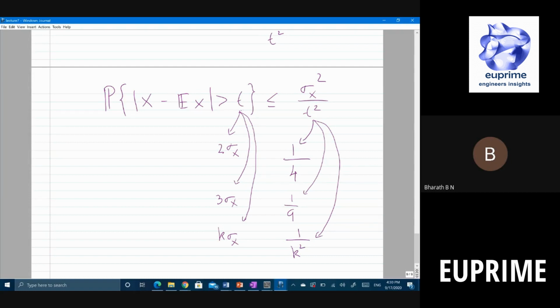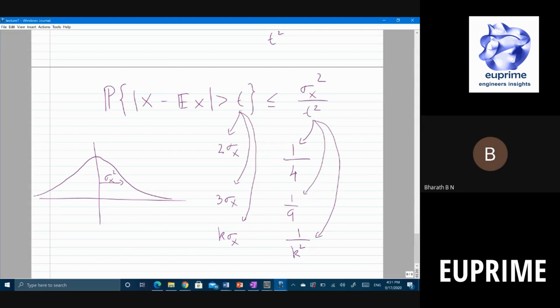Okay, that means the chances of my sample deviating from the mean goes down significantly as you move away from the mean. So that gives you a measure of spread, right? This holds for every distribution, irrespective of everything. It doesn't matter. That's why we assume variance to be finite and the mean to be finite. If the variance itself is infinity, this does not hold good.